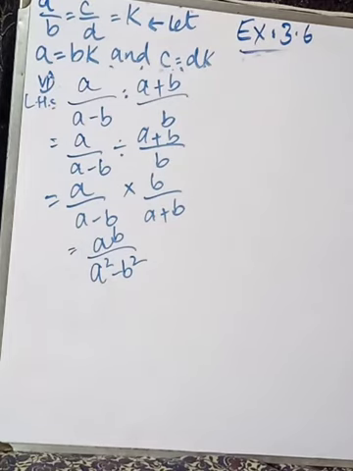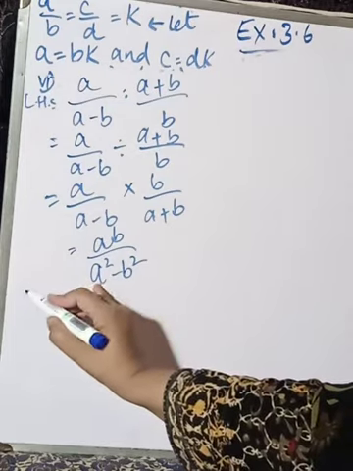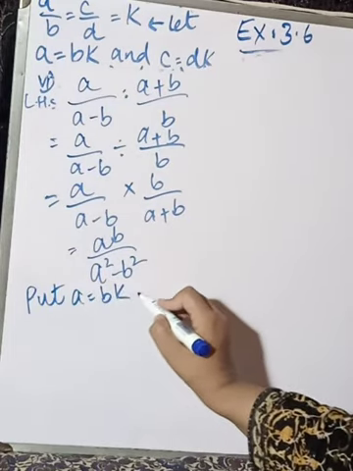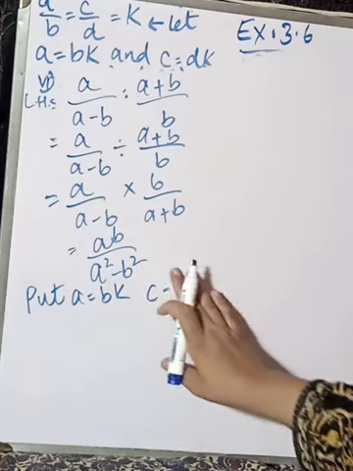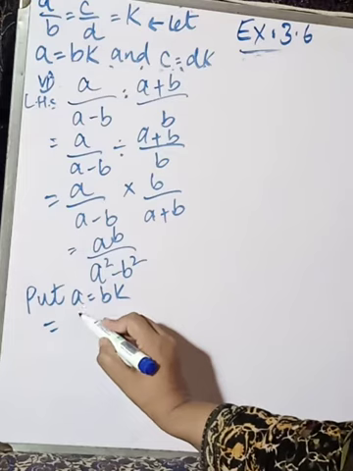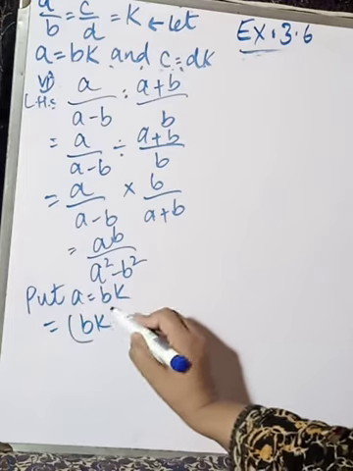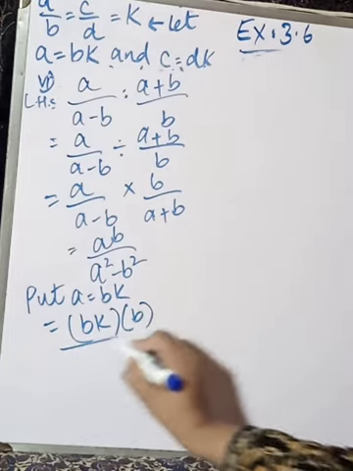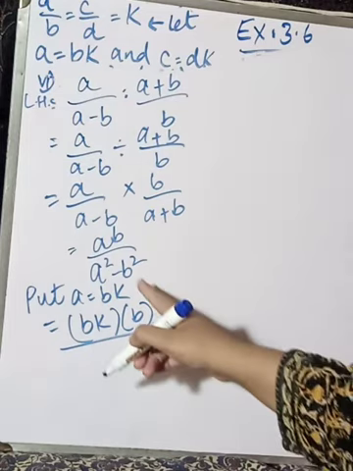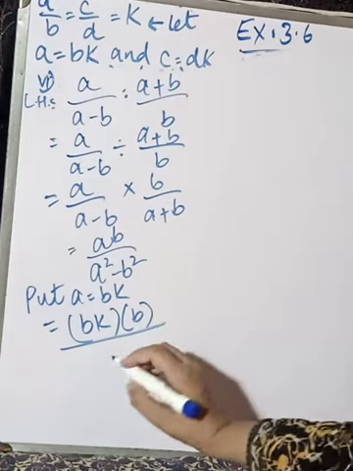Okay, now putting the values. ठीक है, हम सबसे पहले स्टार्ट करते हैं. पुट a is equal to bk, और c तो इसमें है ही नहीं. ओके, तो आपके पास लेफ्ट हैंड साइड में क्या आ जाएगा? a की जगह पर bk मल्टीप्लाइड बाय b डिवाइडेड बाय a square minus b square.